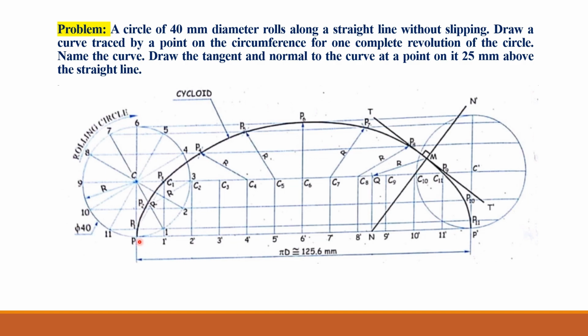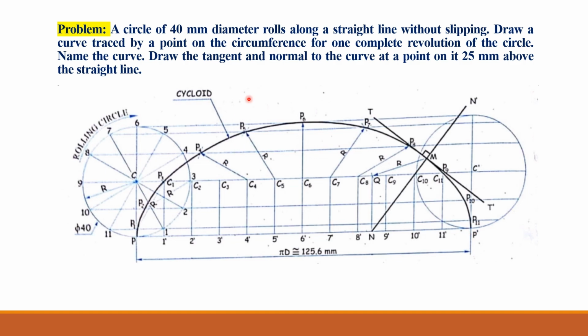Now this point P starts to move on the circumference till the one complete rotation of this rolling circle. Means this point P starts from this contact point of this rolling circle and line, then again comes to the same position, at the contact of this rolling circle and the line.